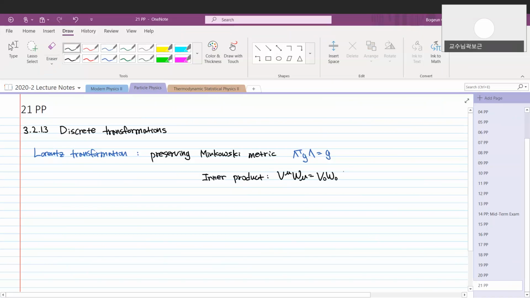But we can consider other transformations satisfying both conditions, preserving the Minkowski metric and the inner product.